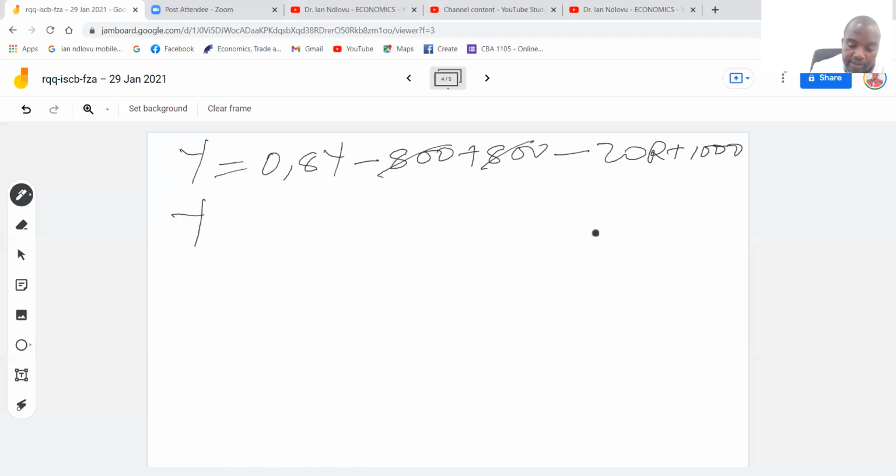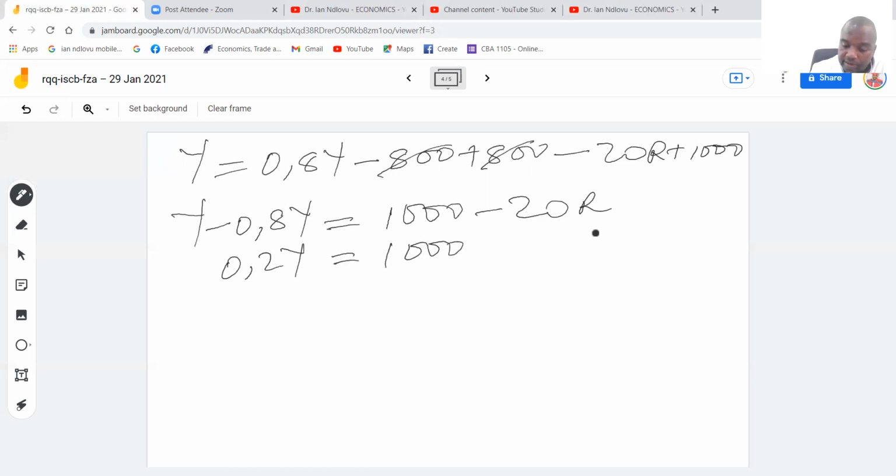And then we get Y minus 0.8Y, which is equal to 1000 minus 20R. And then we get 0.2Y being equal to 1000 minus 20R.